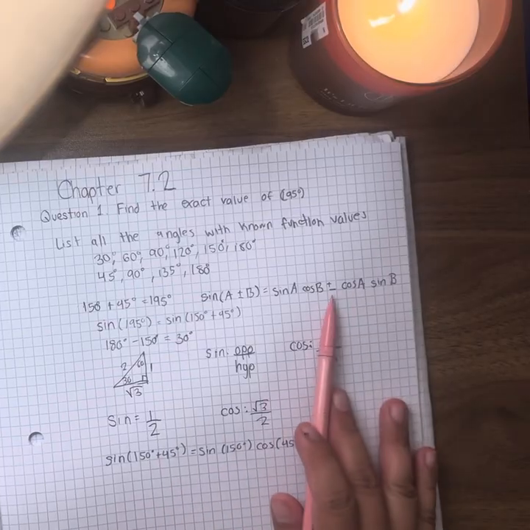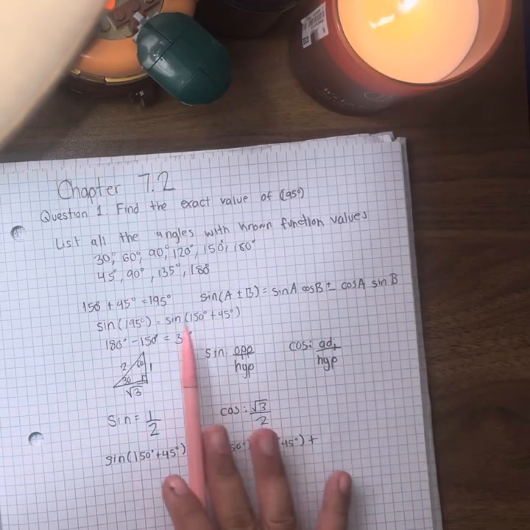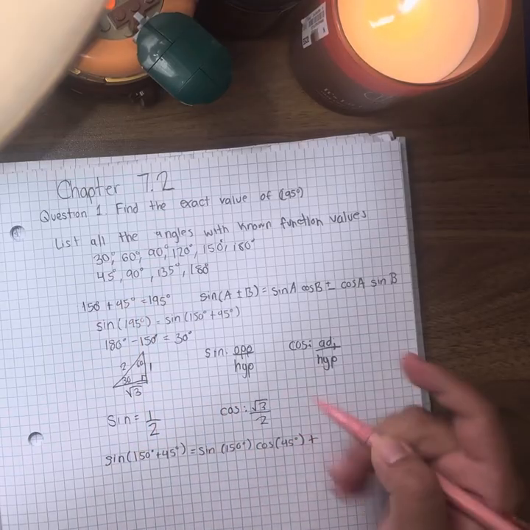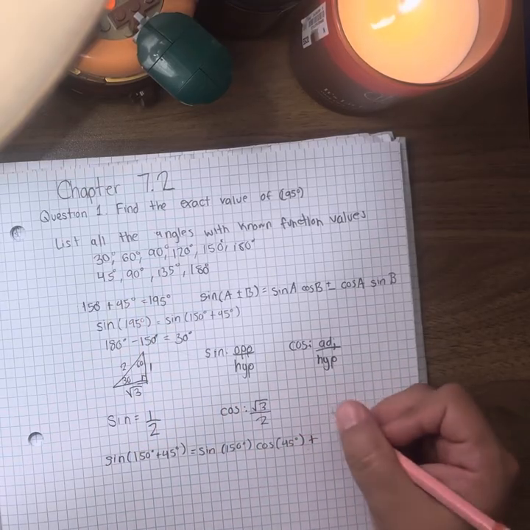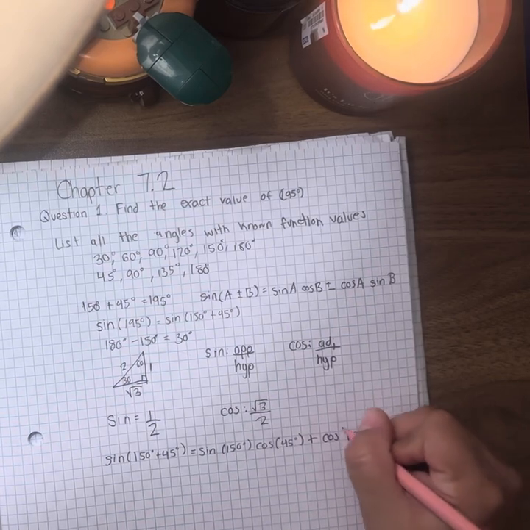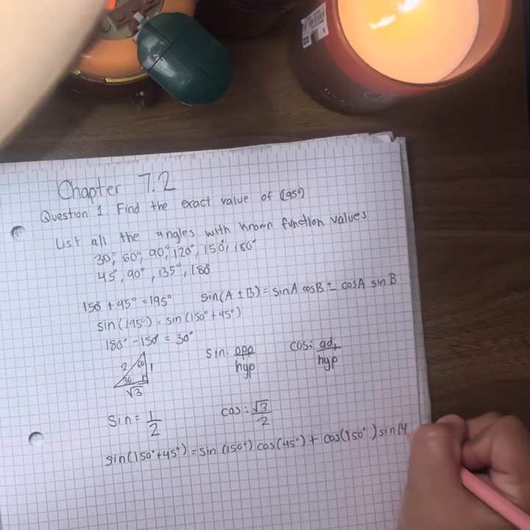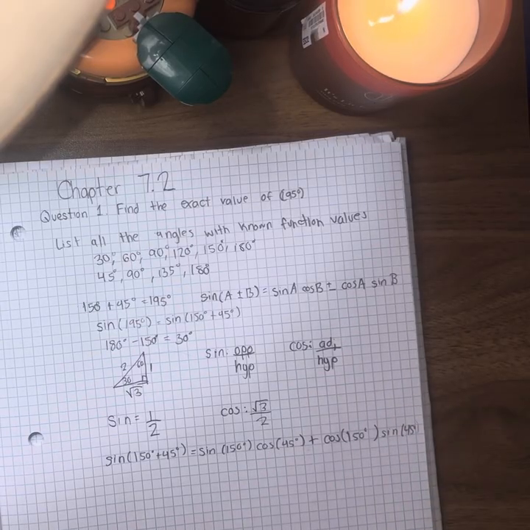I know here we have plus or minus, but because we used addition to get to 195, we're doing addition down here.